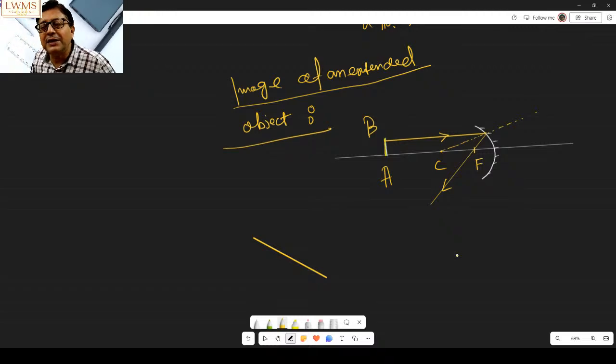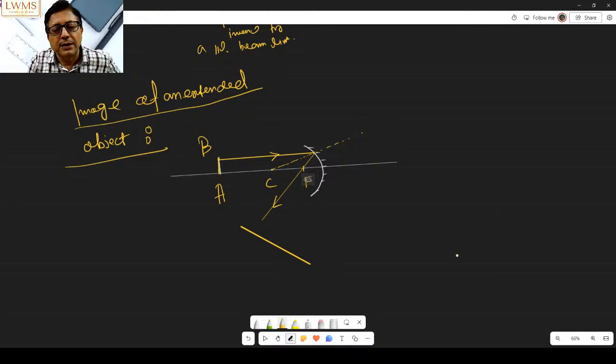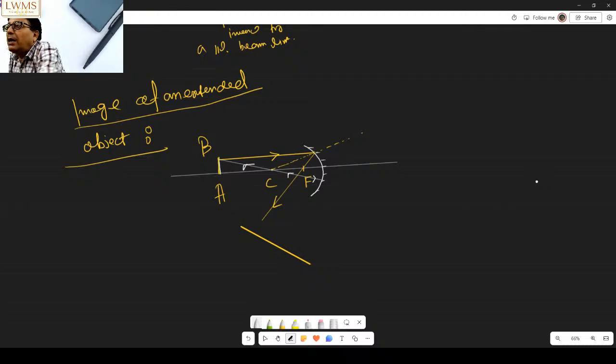And another very interesting thing we have noticed: if we send a ray towards the center of curvature, then it will retrace its path, isn't it? Sending a ray through the center of curvature means along the direction of the normal. This I told. Its path will retrace. It will go this way and come back the same way.